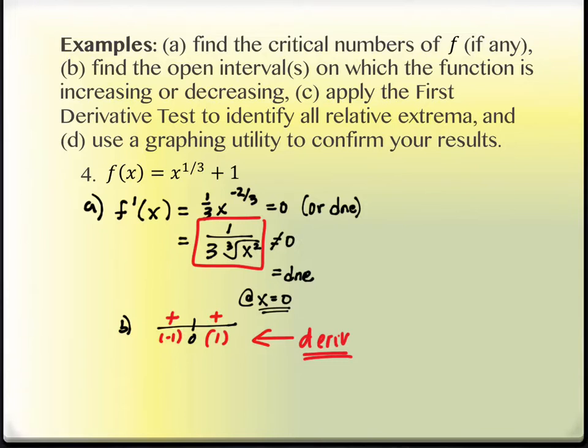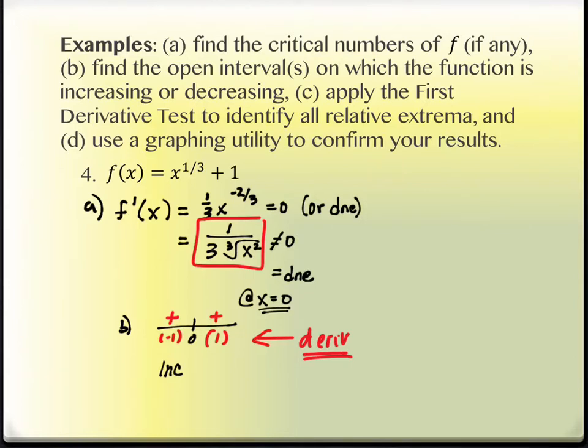All right, so what does this tell you in terms of increasing and decreasing? We'll get to the relative extrema in a minute. That's part C. Let's finish part B, which is finding where it's increasing and decreasing. So what do the positives tell you here? It's increasing, and we have to do 2 separate intervals because it stops increasing at 0 and then starts back doing something else.